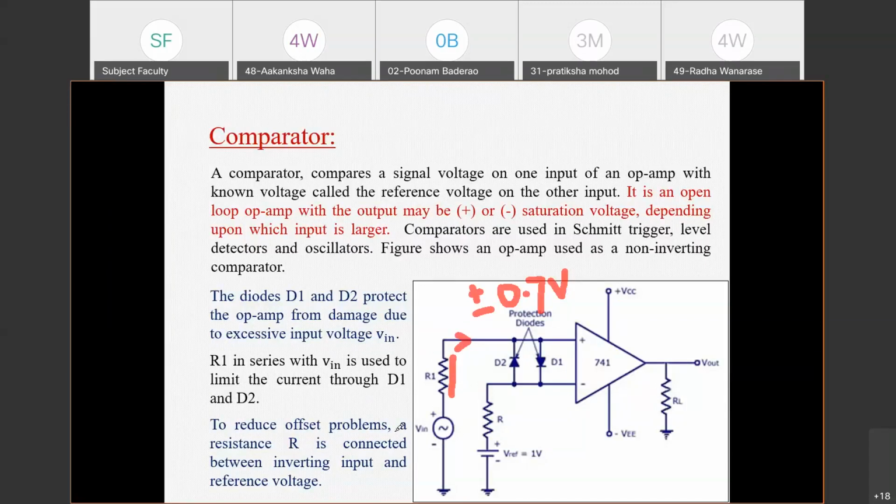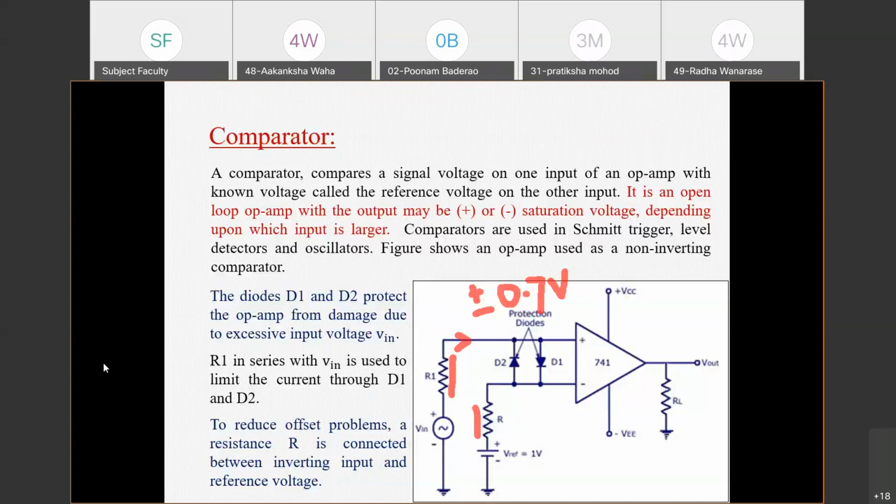Again, to reduce offset problems, we have seen input offset voltage, when your input was 0, then also you are getting output. To reduce that problem, a resistor R is connected between the inverting input and reference voltage. So these are the constructional details.